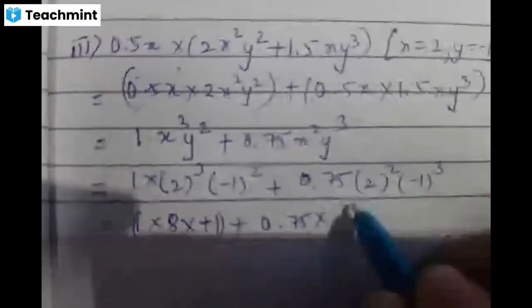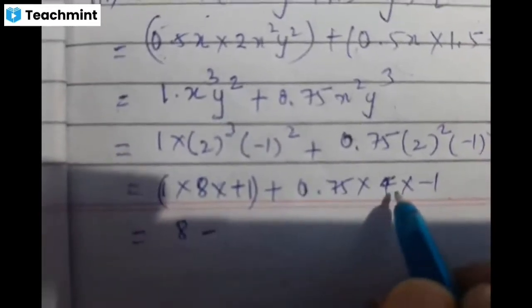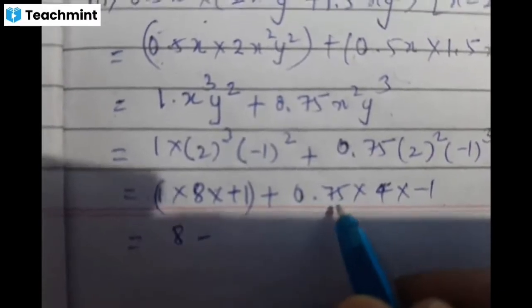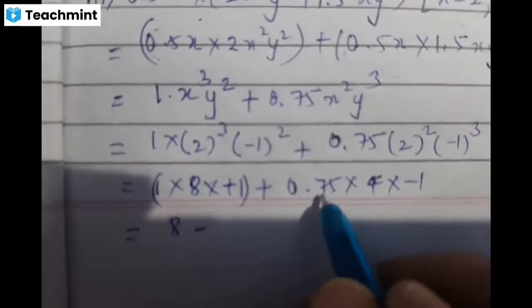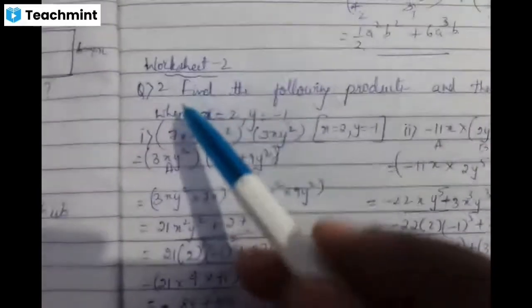Then you have 2 square, which is 4, into minus 1. Then 8 ones are 8, minus, because plus into minus is minus, 75 fours are 300 you get, children. So after the point you should have 2 digits. So the answer is 3. 8 minus 3 is 5. So in this way, we have solved this question.